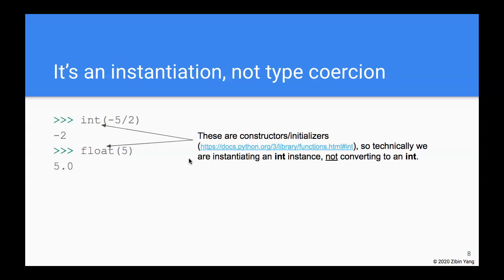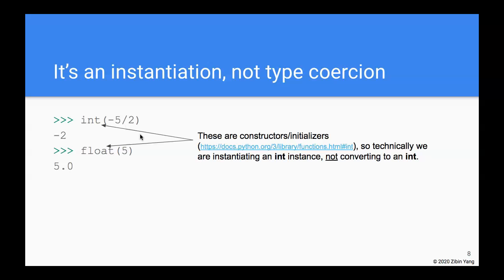Next, I just want to point out that when we're doing int and then parentheses some number, in other languages this might be considered a conversion or a type coercion. We're coercing a floating point number into an integer.